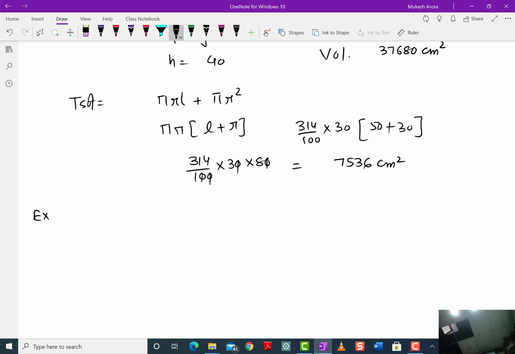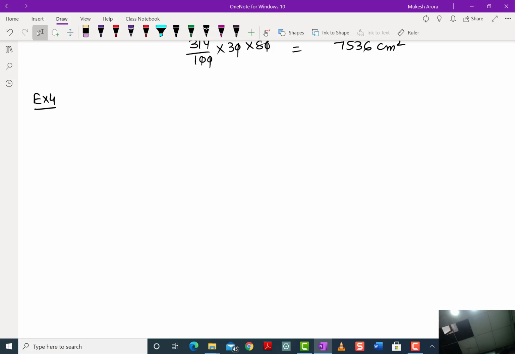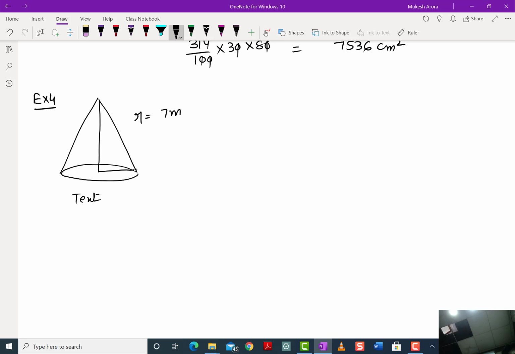Example number 4 is a conical tent of radius 7 and a vertical height of 4.5. This is a tent, and radius of tent is 7 meter and vertical height means height is 4.5 meter.